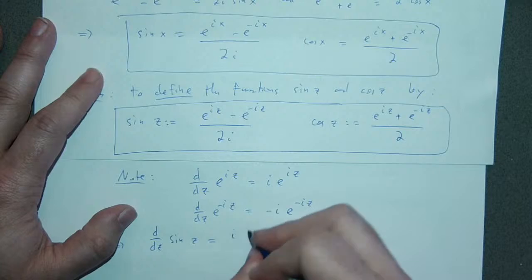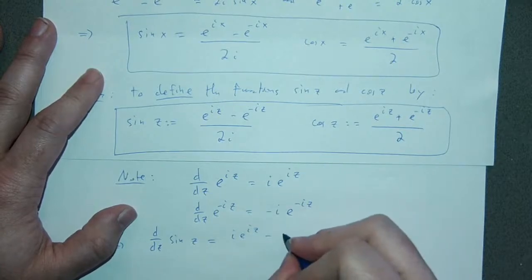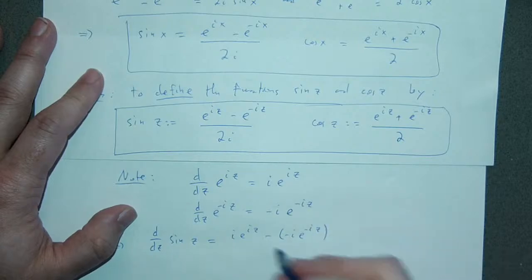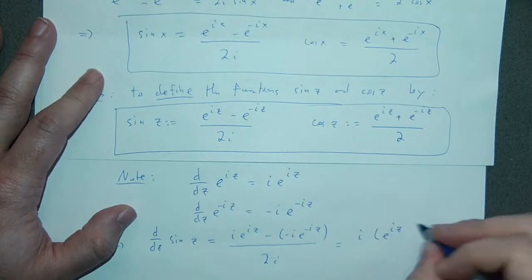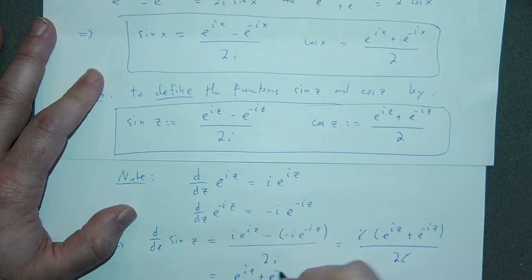So this is going to be i e to the iz plus i e to the minus iz, all over 2i. There's an i in common here. So this is i times e to the iz plus e to the minus iz over 2i. The i's cancel, and we have e to the iz plus e to the minus iz over 2. Hey, that's cosine z.